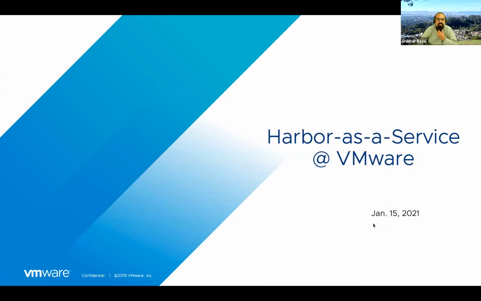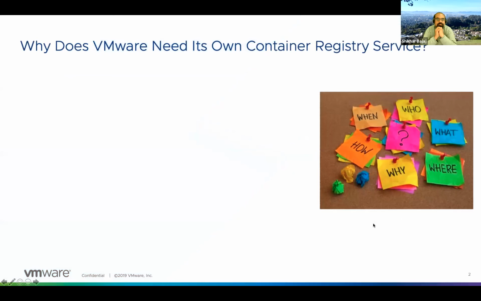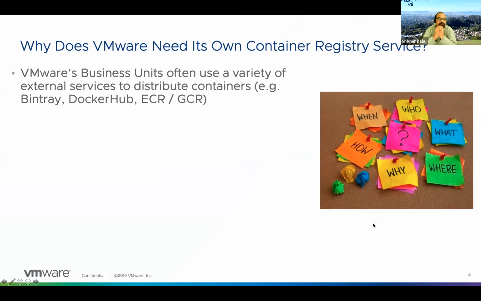Let me start off by talking about the why. Why does VMware need its own container registry services? First of all, VMware business units often use a variety of external services to distribute their containers.